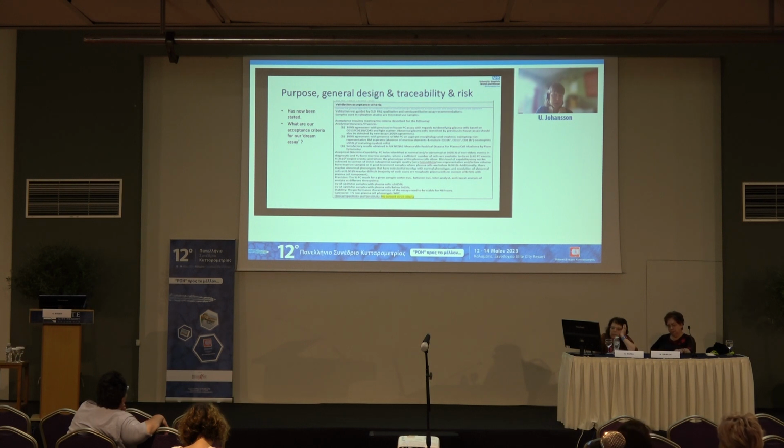We also wanted to say how well we should be able to detect measurable residual disease, so we wanted to reach 0.001 wherever it was possible to collect at least 2 million singlet events. So that was our acceptance criteria for the detection capability. We also had one for precision, where we wanted CVs of less than 10% if you have a higher level of plasma cells, and less or equal to 20% if you have very, very few plasma cells.